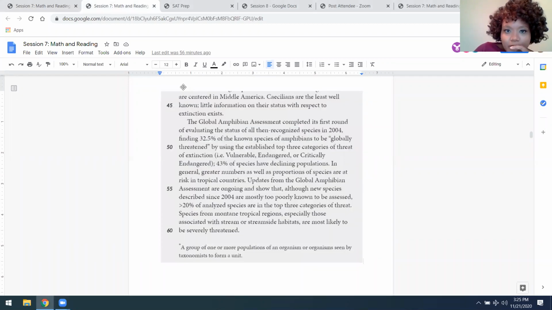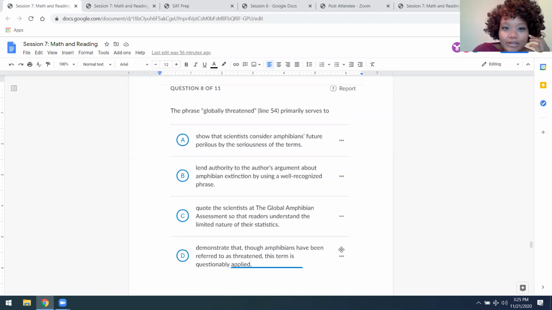It doesn't really mention their statistics. It says they don't have many caecilians, those kind of amphibians, but globally threatened doesn't have much to do with whether their statistics are limited or not.